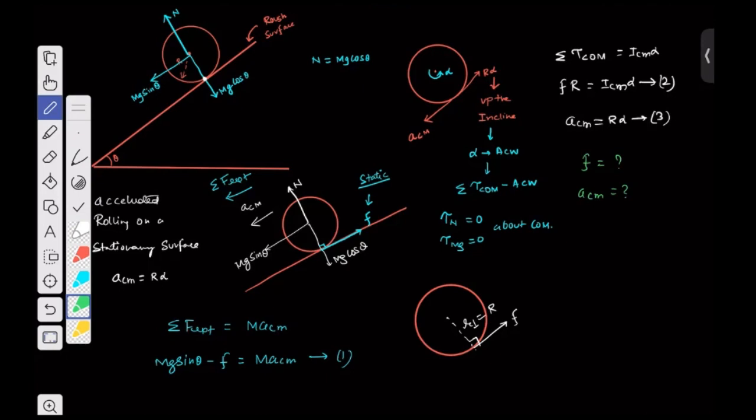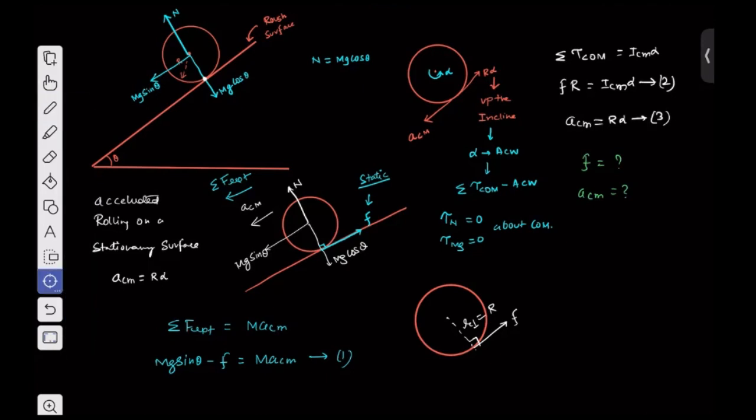So Sudarshan, you've joined now. Okay, I'll repeat it as fast as possible. We've got a rolling body whose mass, moment of inertia, radius are known. And we have to figure out what will be the friction force acting on it if it rolls down the inclined plane, and the acceleration of the center of the mass.